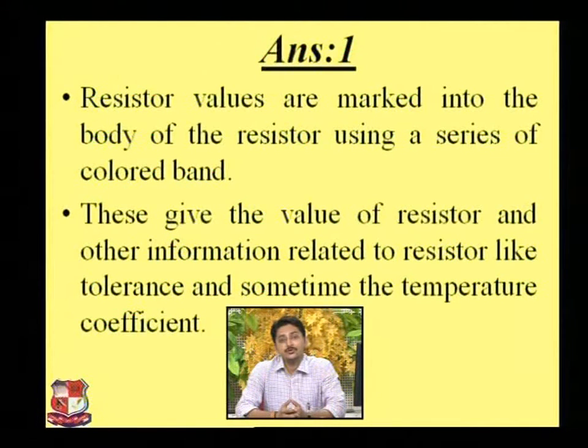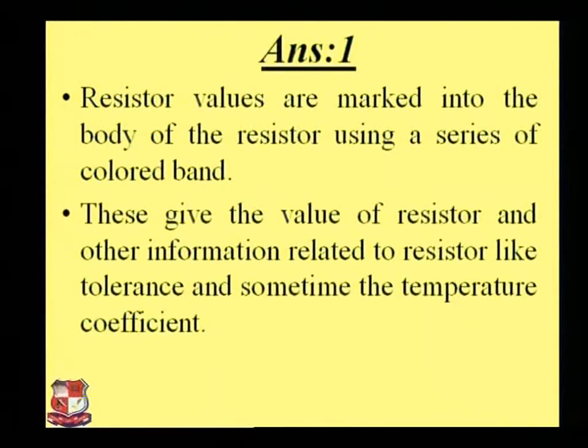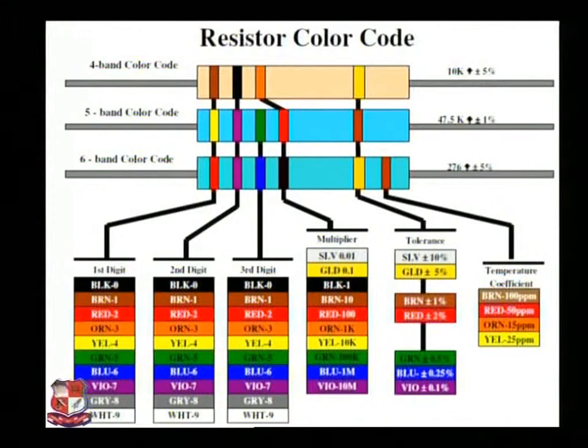So here we are just going to learn how the color code is useful in a resistor. This is the figure where you can see the diagram of the resistor. Different colors are marked on the body of a resistor. Generally, the first, second and third bands are the digits applied for the value of a resistor.